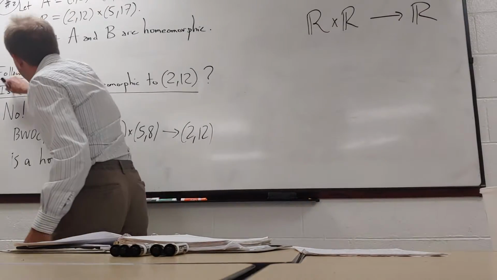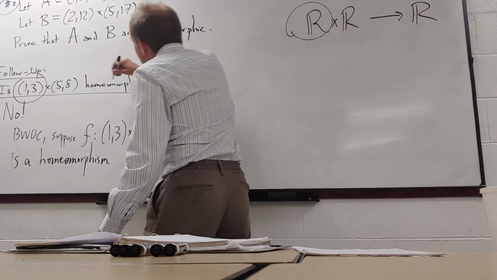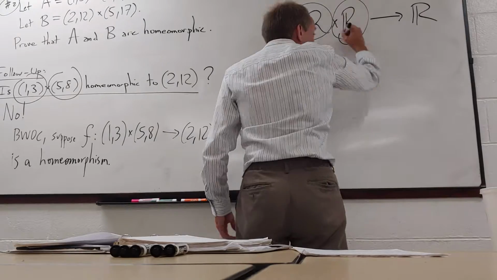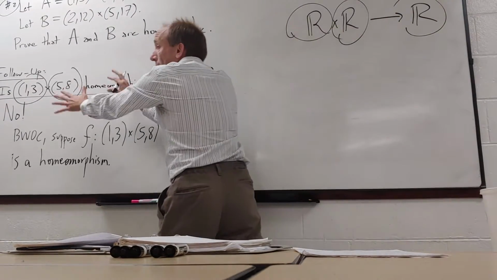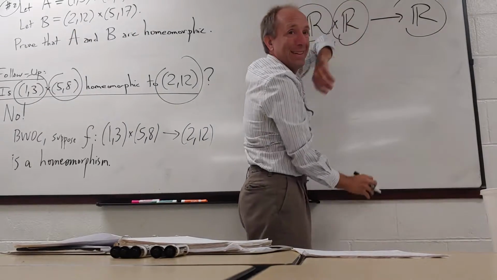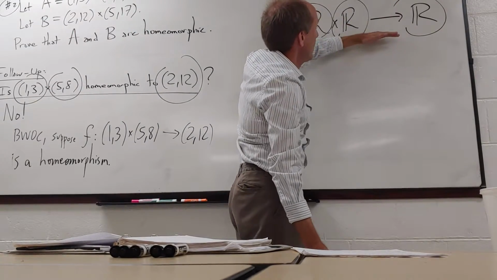There is certainly a bijection from (1, 3) to R, and from (5, 8) to R, and from (2, 12) to R. So I can actually just replace this problem with this one. Is there a bijection here?